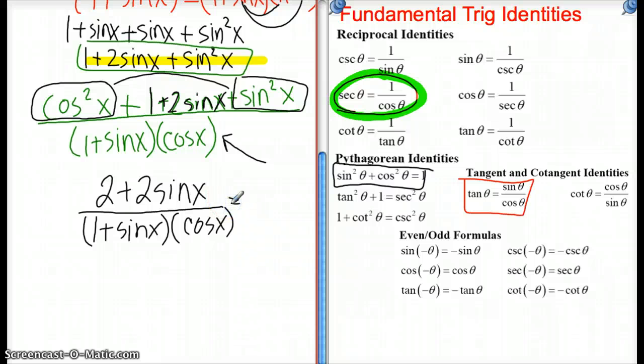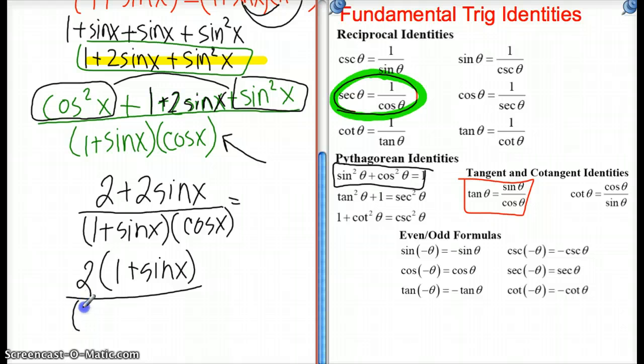How about we try factoring the top? Let's factor out that 2. 1 plus sine of x. Now I can cancel out that 1 plus sine of x in the denominator and be left with simply cosine of x in the denominator after factoring out the 2. This will cancel.